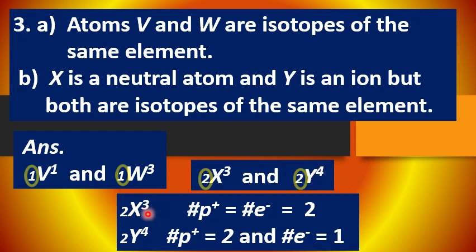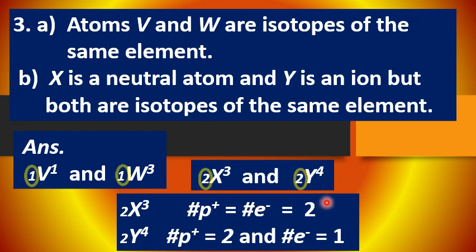Now, based on the table earlier, it was also mentioned that atom X has two protons and two electrons as well. So, since the number of protons is the same as the number of electrons, and that's represented by the atomic number of atom X, that means we can say that atom X is a neutral atom.